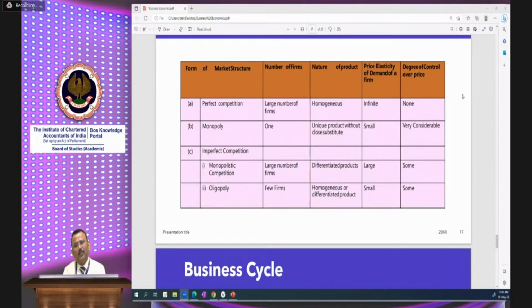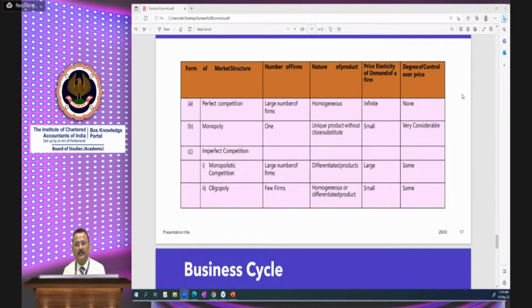In monopolistic competition, you can decide what to purchase, because there are distinctions among the products. The price elasticity is large, because there is differentiation among the products. There is some control on the price, because people have choices, and the producer producing the preferred choice will definitely have an edge over the other.